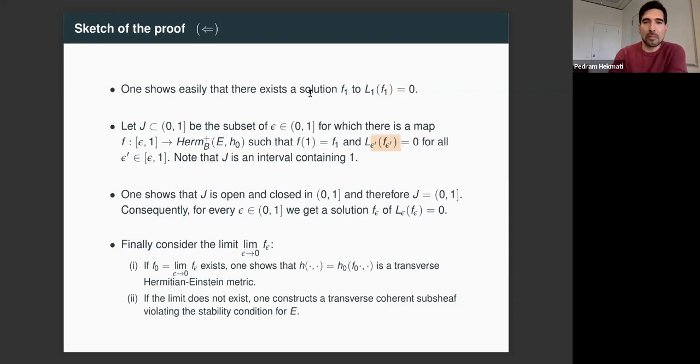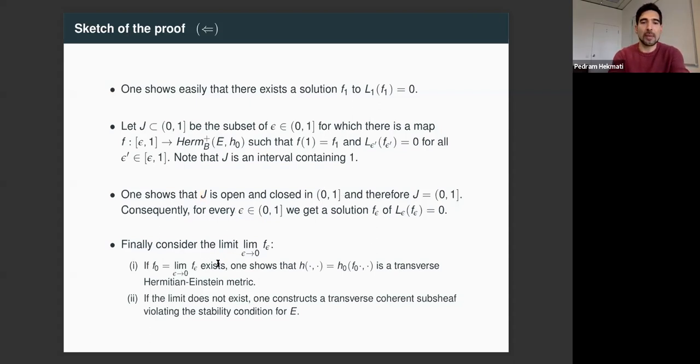So in particular, we know that J contains 1, and then again, using some a priori estimates, you can prove that this interval has to be open and closed. Those obviously are details I'm omitting here.